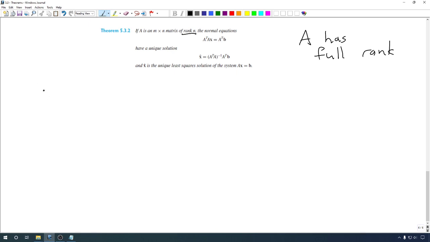So let's prove this one. Because we want to use the inverse here, we want to show that A transpose A is non-singular. How do we do that? Well, it's a square matrix, so what we need to do is show that the columns are linearly independent.